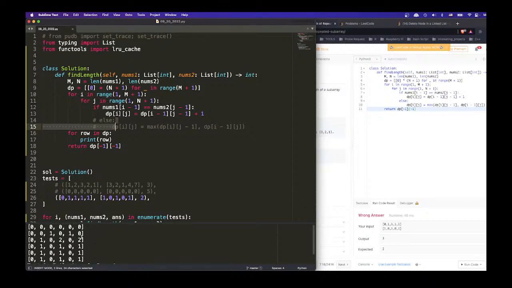Oh, then it has to be the largest. Now it's interesting. So everything, if they're the same, right?